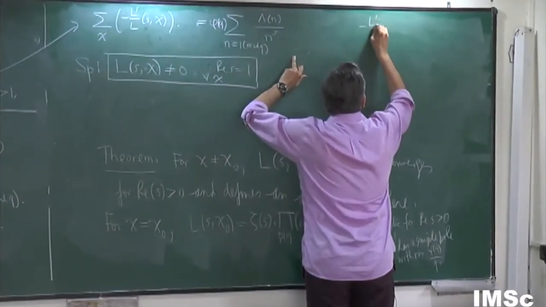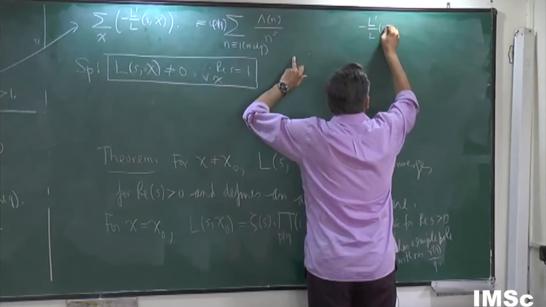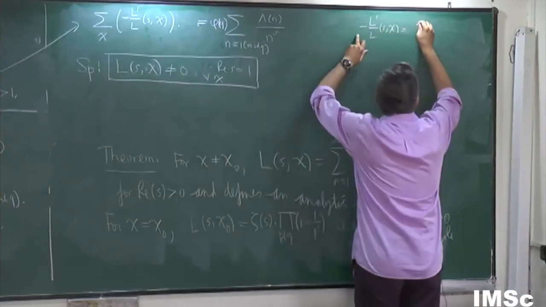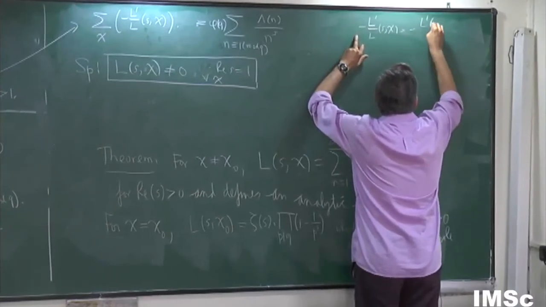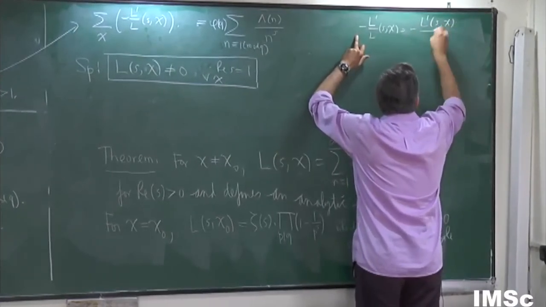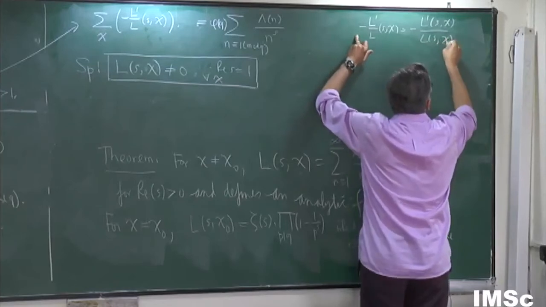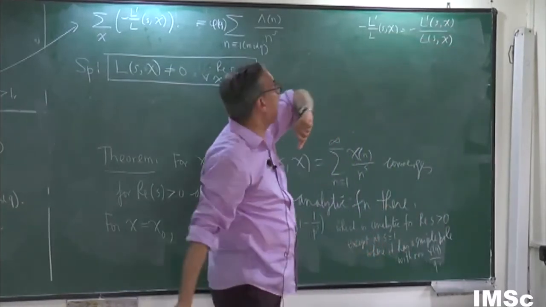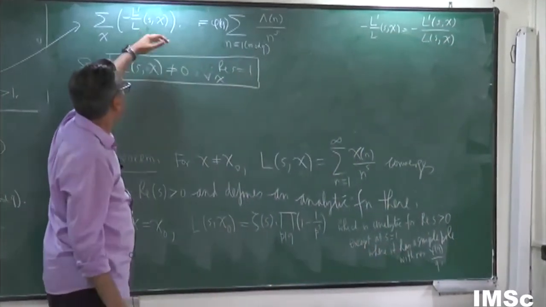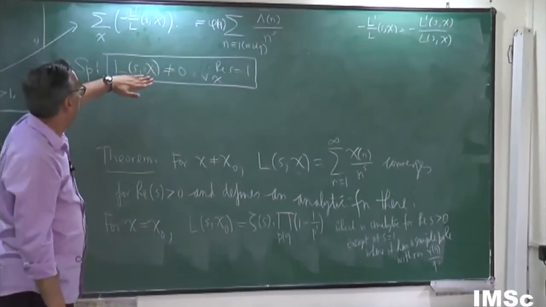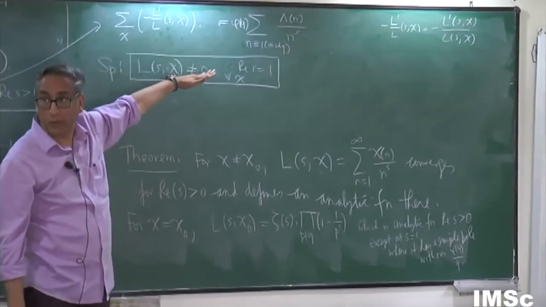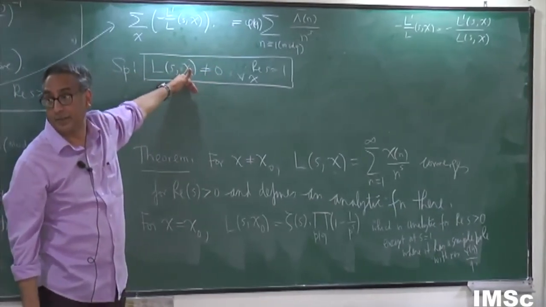So L prime over L(s, chi), I mean, people write this just for elegance, I suppose, is really the same as L prime of s, chi over L(s, chi). I mean, that's just a notation, okay? It's just elegant notation. Oh, so you have something like this. So this guy here is analytic provided, even for real part of s equals 1, provided it doesn't vanish.